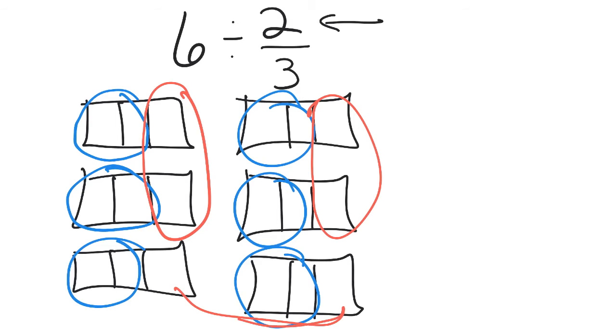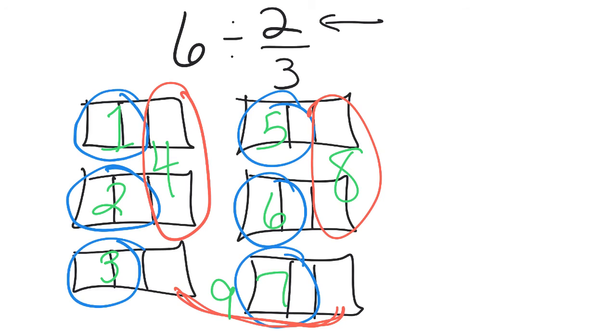And then we also could put these 2 together to make another 2/3. And if we count each group, this is 1 group, 2, 3, 4, 5, 6, 7, 8 groups. Or sorry, 9. I forgot the one at the bottom. It's not 8, it is 9.